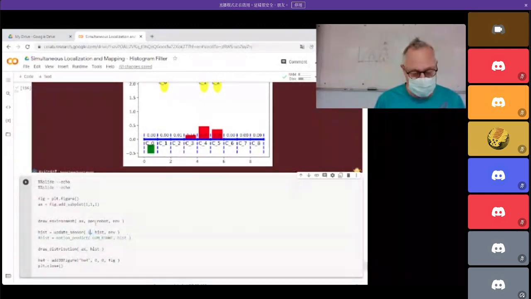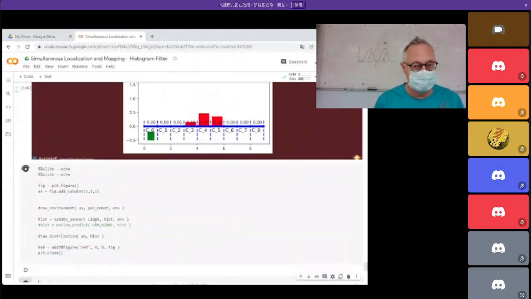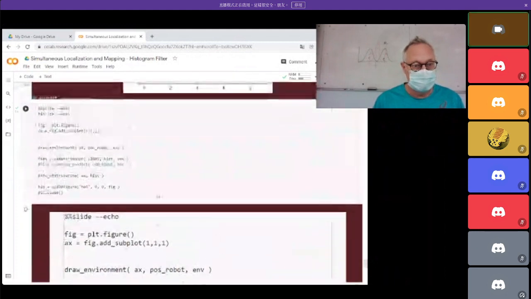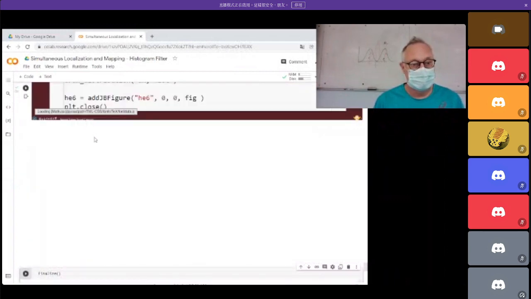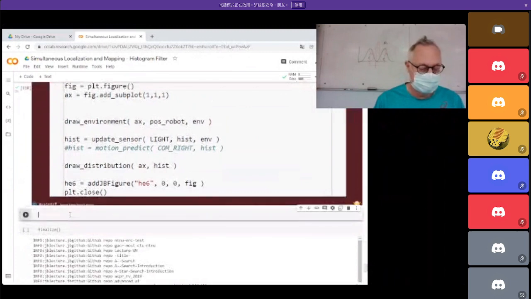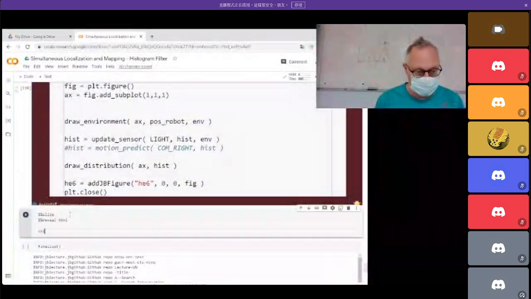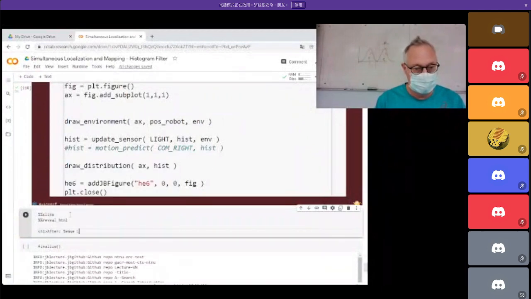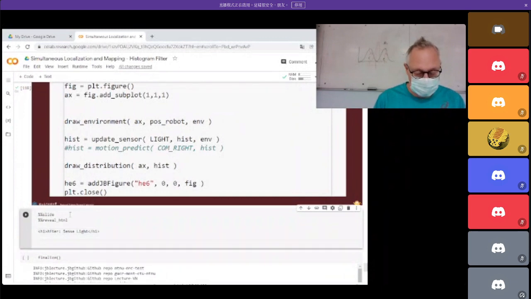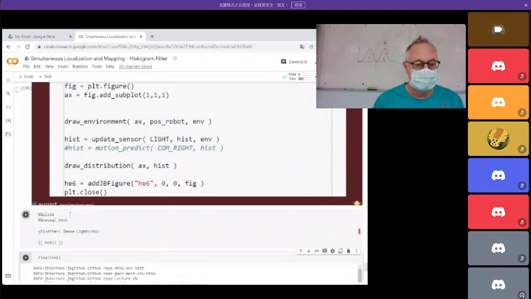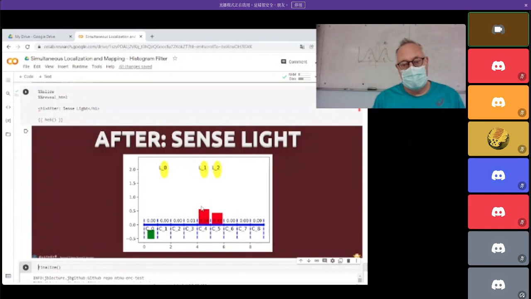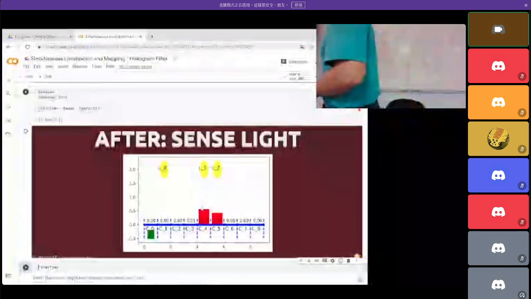And now let's say I detect some light. Okay, and now you can see the robot thinks much more.